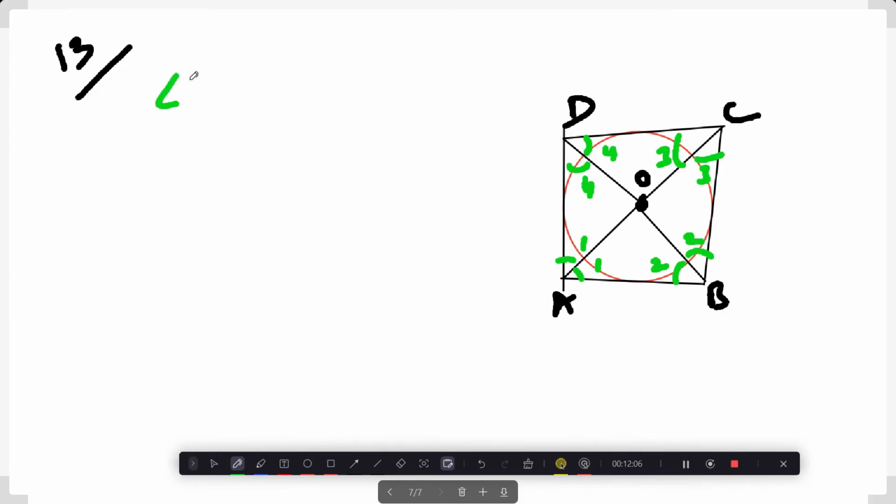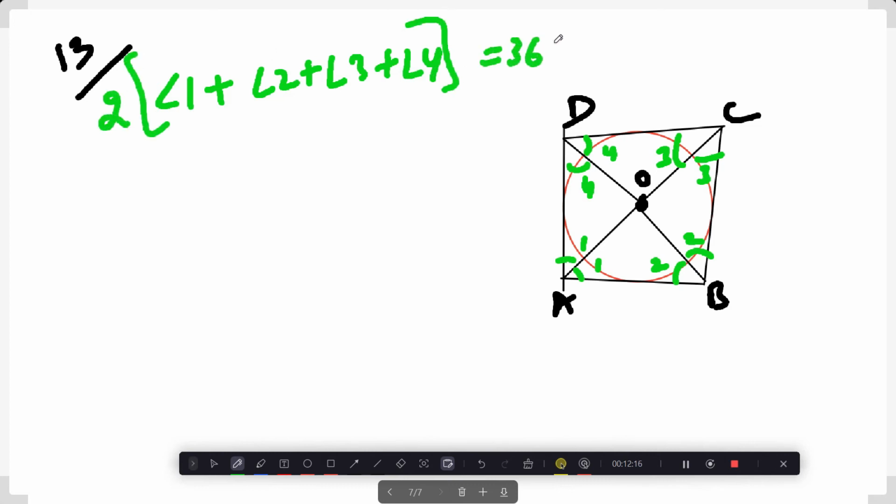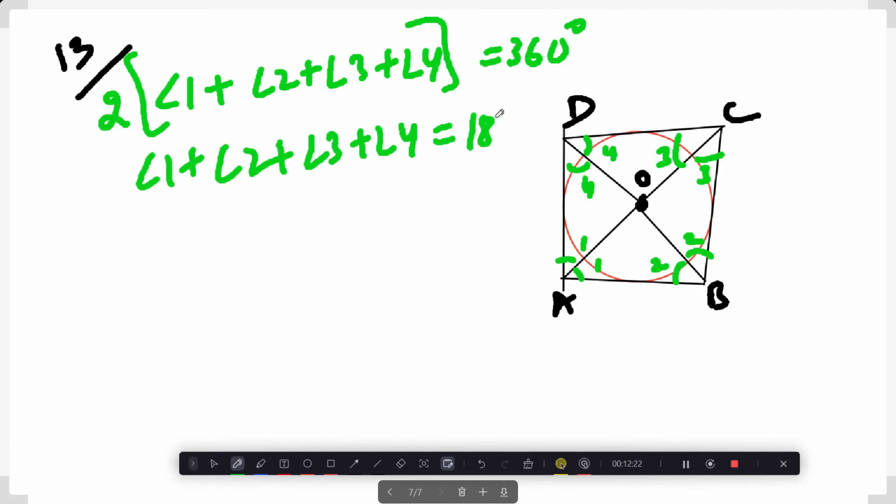So if you look at this, angle 1 plus angle 2 plus angle 3 plus angle 4, twice of this is 360, because the sum of angles of a quadrilateral is this. So angle 1 plus angle 2 plus angle 3 plus angle 4 is 180 degrees. The question that we have to prove is that angle AOB plus angle COD is 180.